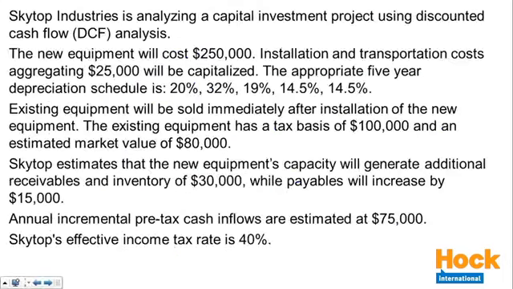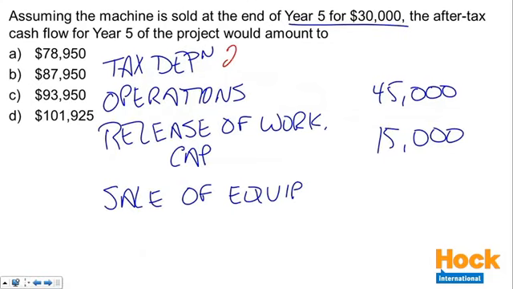Let's get the depreciation number so we can do the tax depreciation shield. Year 1, year 2, year 3, year 4, year 5 is 14.5%. So we're going to do the same thing. We're going to take the $275,000 and multiply that by 14.5%. That's going to give us the tax depreciation expense.